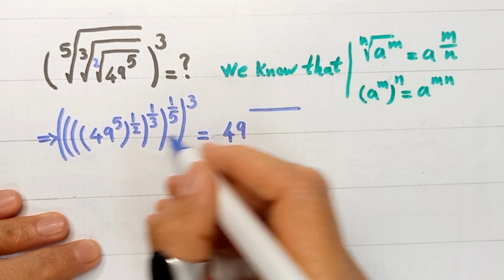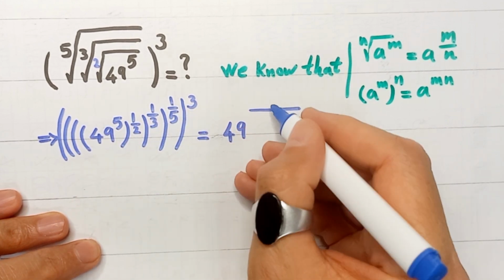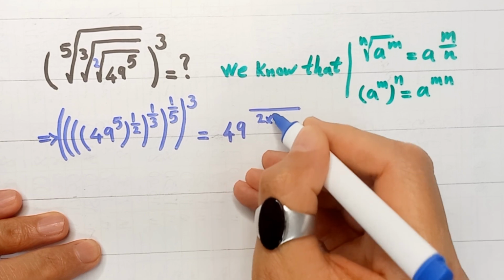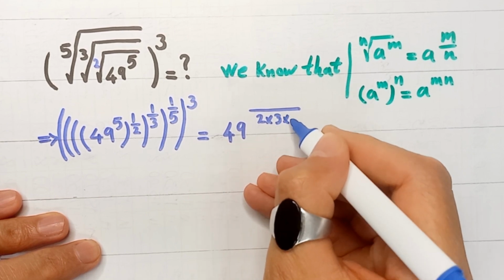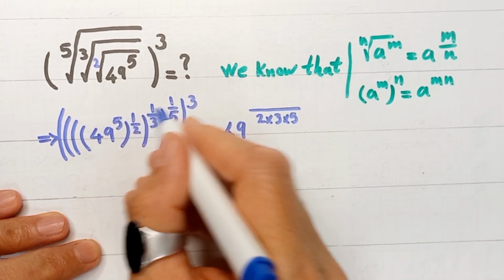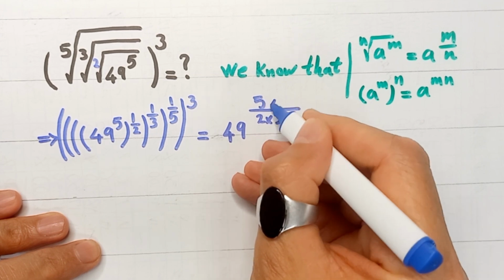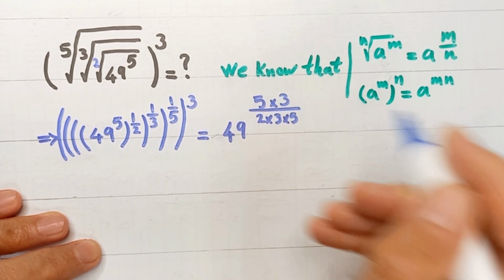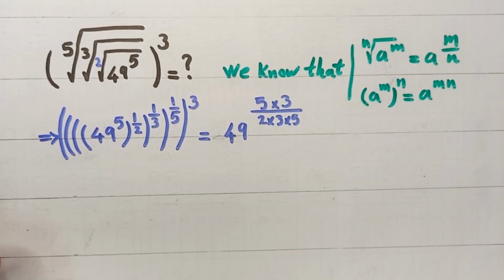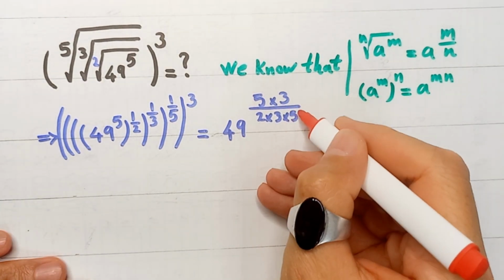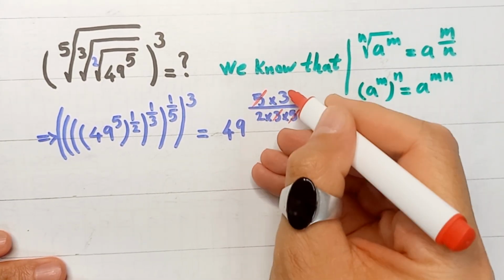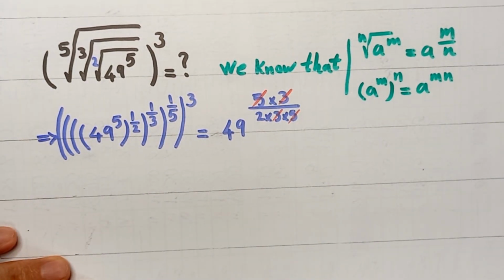So we have 49 to the power of, we write in the denominator 2 times 3 times 5, and in the numerator 5 times 3. Then we simplify the expression.